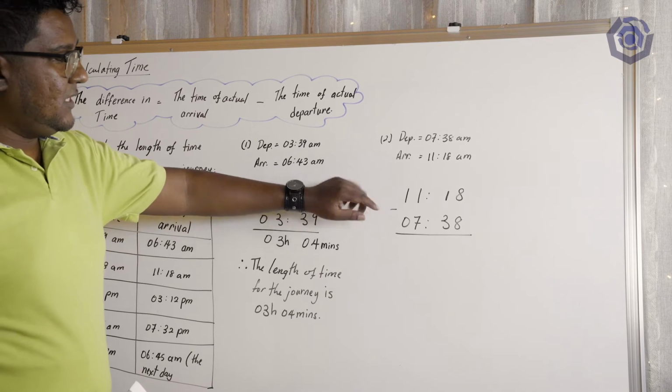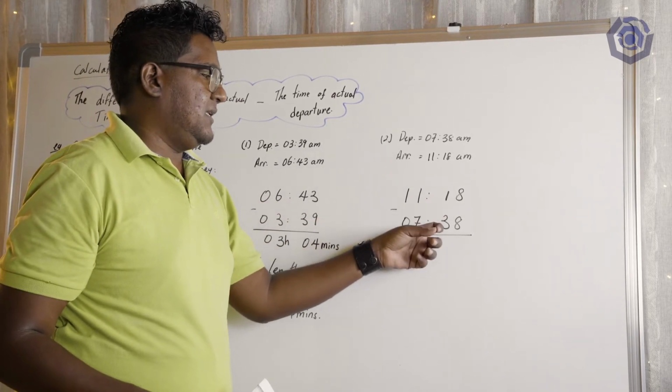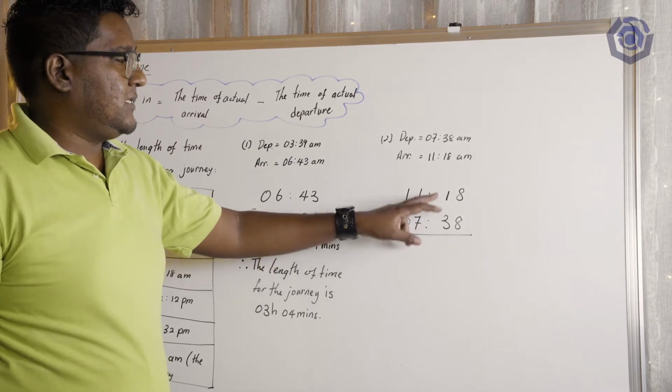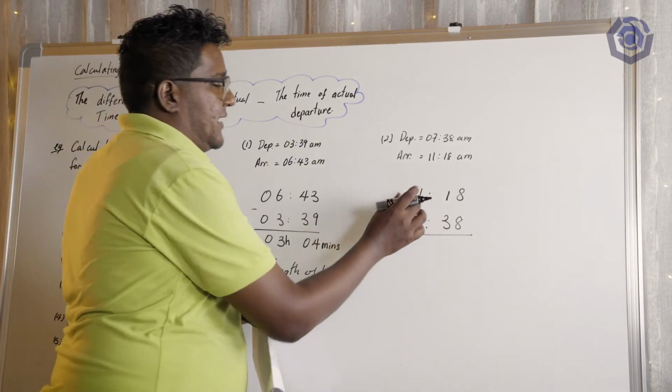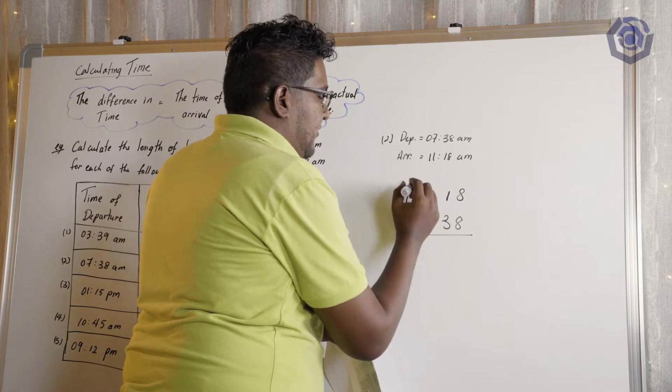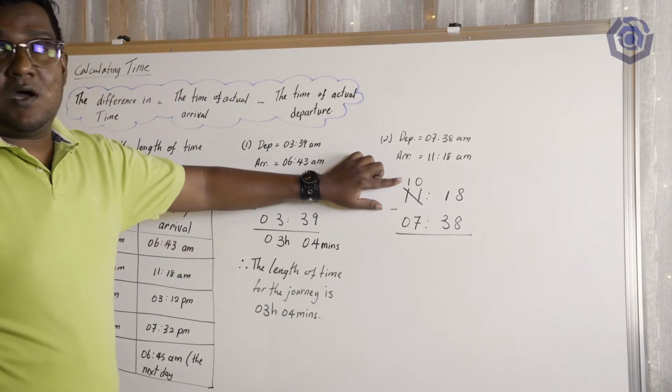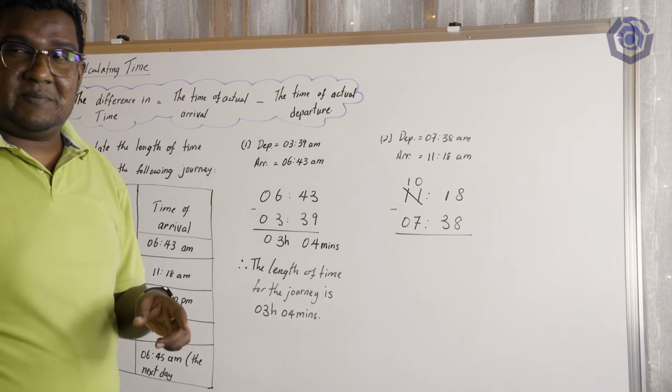Now if you notice here, you have 18 and then you have 38. So we cannot take 38 from 18. So we take an hour from here. So if we take an hour from here, this becomes 10. And if we're taking 1 hour, therefore we're taking 60 minutes.